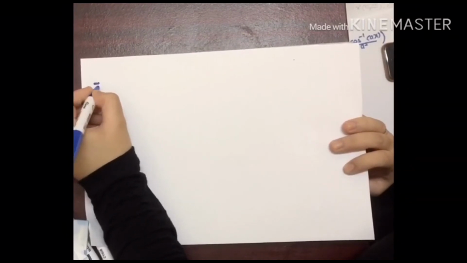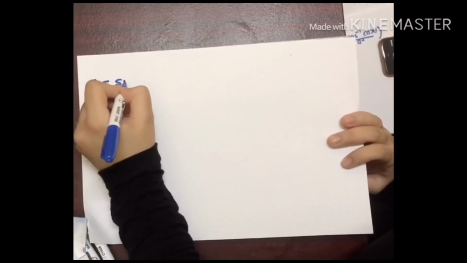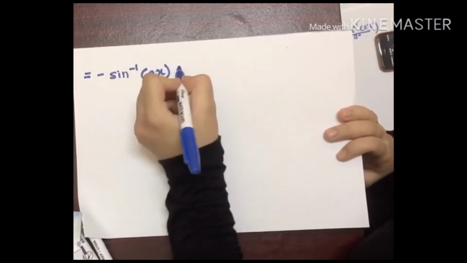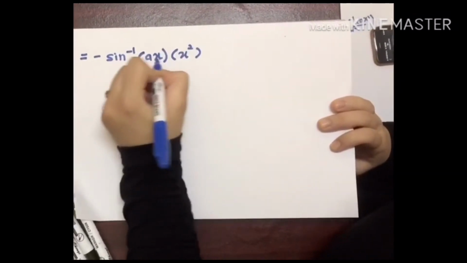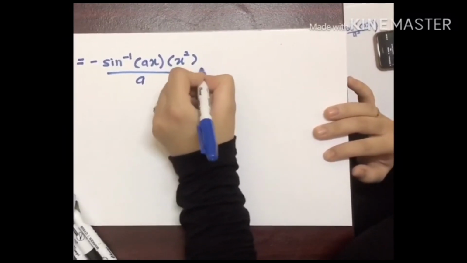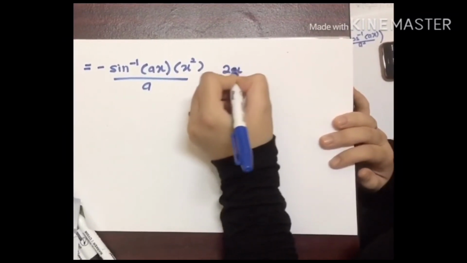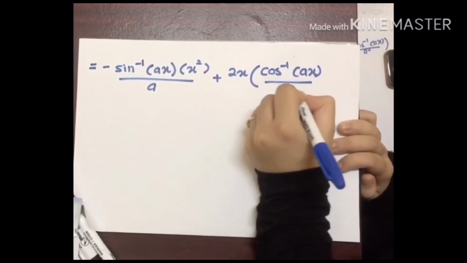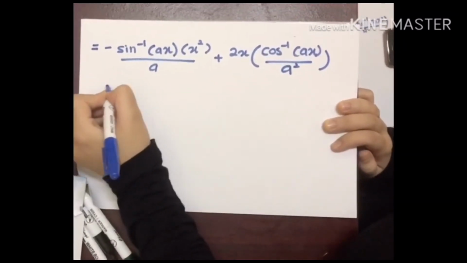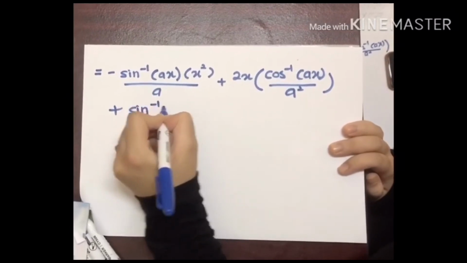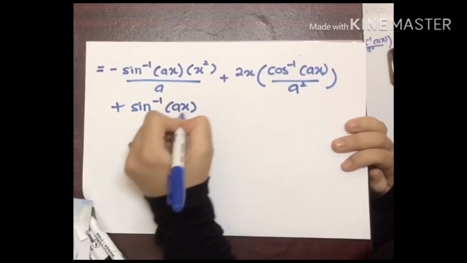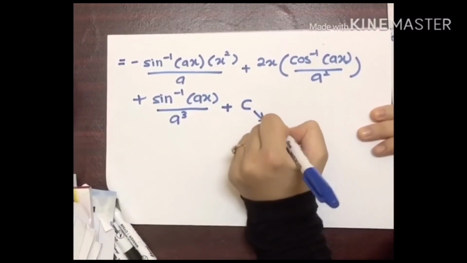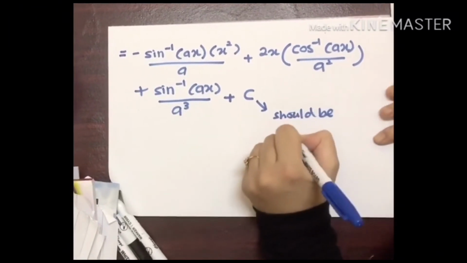So the answer will be negative sine inverse 1ax multiplied by x to the power of 2 over a plus 2x cos inverse 1ax over a to the power of 2 plus sine inverse 1ax over a to the power of 3 plus c, where c should be constant.